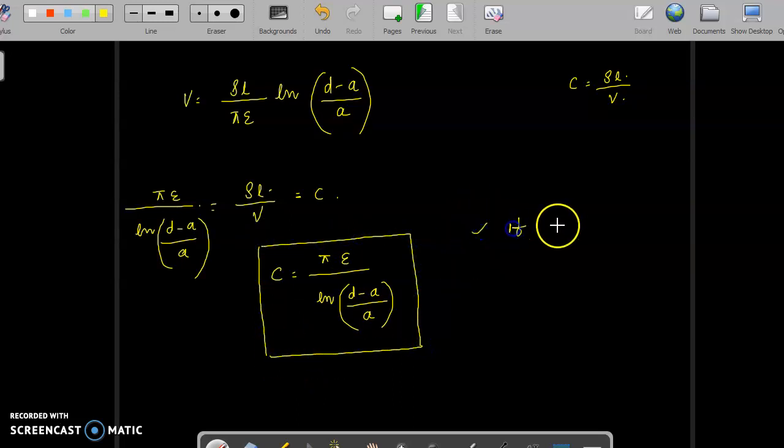If d is much larger than a, then d minus a is approximately d. Then the capacitance becomes pi epsilon over natural log of d by a.